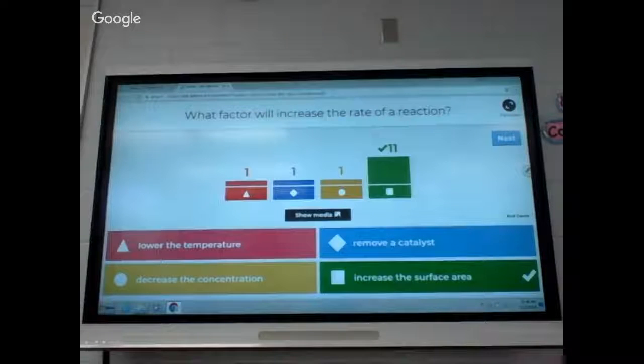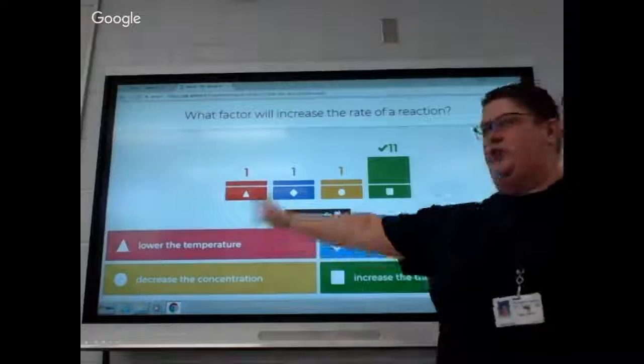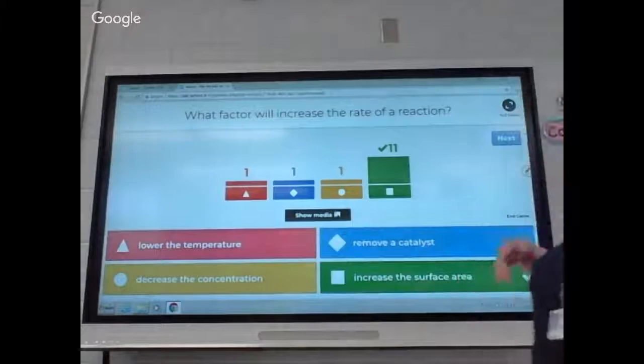All right. Remember, if you increase concentration, you increase rate. So decreasing it will decrease the rate. Which one will increase the rate? Increase the surface area. All right. Any of these, removing the catalyst will slow it down, decreasing the concentration, lowering the temperature. All those slow it down.